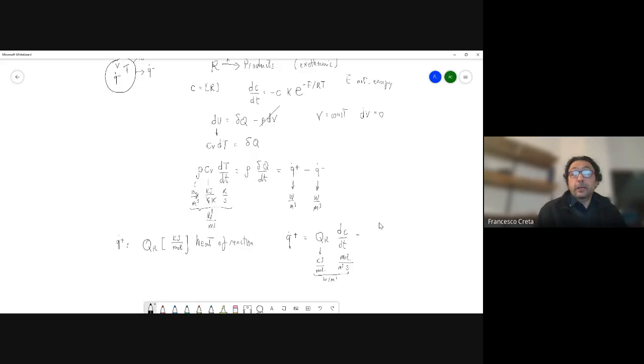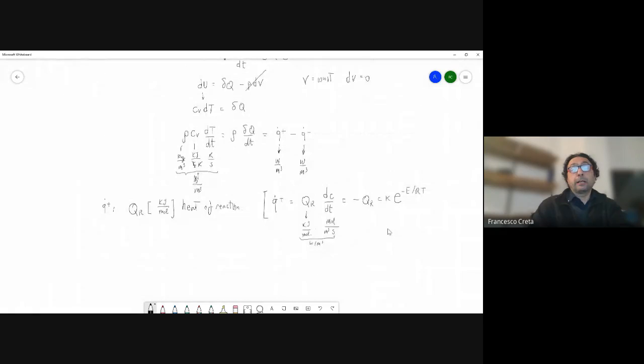And how do we express dC by dt? Well, we already have it over here. And so it would be minus Q_R C k e to the minus E over RT. So we have an expression for Q plus.